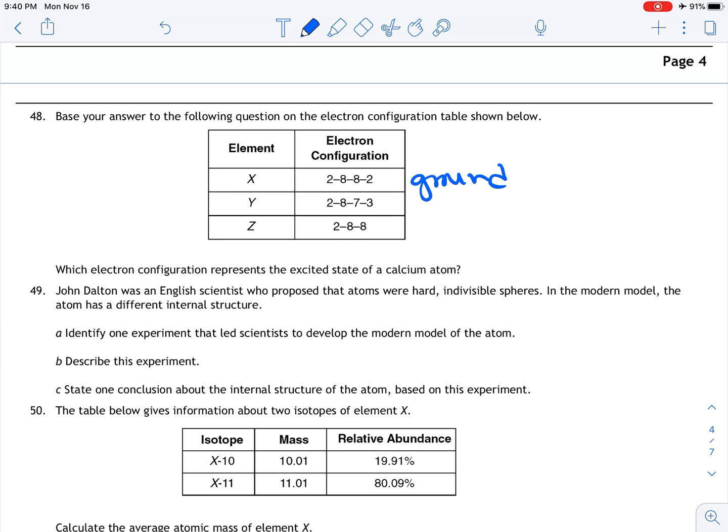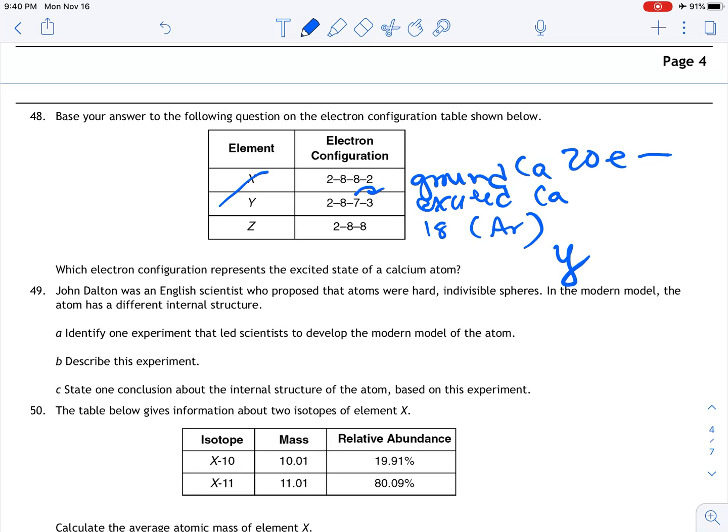That would mean you have 10 and 20 electrons total. So we cannot use X. Y is the answer because look, one of these has jumped up to here. So this is excited calcium. Ground calcium is 2-8-8-2. That's not calcium. That is 18, which is argon. It's a different element altogether. So element Y.